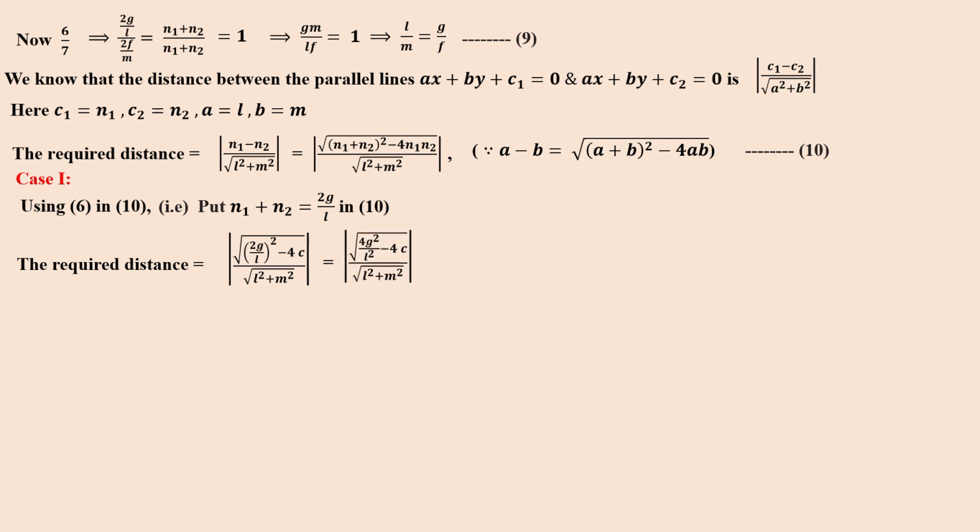That is equal to root of 4g square by L square minus 4c, by root of L square plus m square. So 4 is common in the numerator, take it outside from the square root, so it will become 2 root of g square minus, taking LCM, L square is the LCM, c L square by L square, by root of L square plus m square.